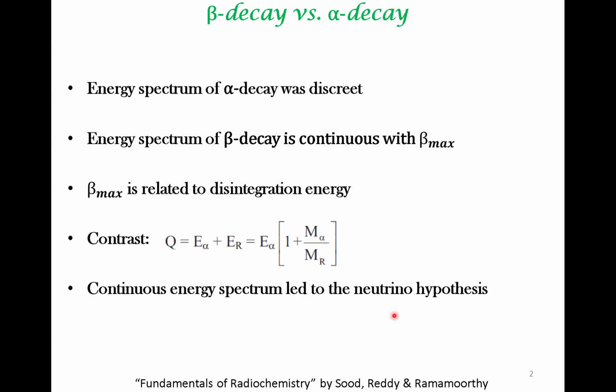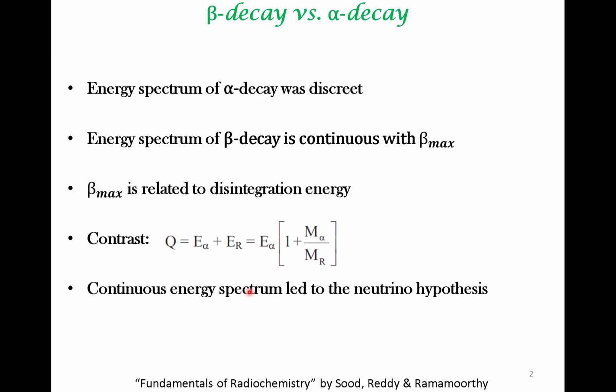An important implication of the continuous spectrum of beta decay is that it led to the neutrino hypothesis. What do we mean by that? Initially it was thought that when beta decay occurs, there are two products: one is the beta particle, and another is the leftover daughter particle, what is left over after beta decay. But that's not true.